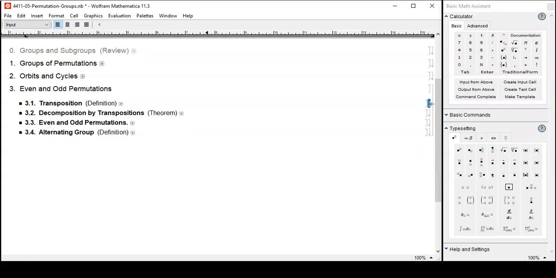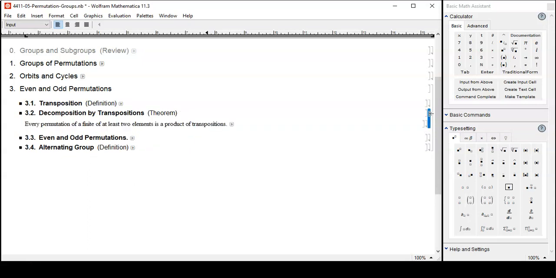Alright, I guess we are ready for the next theorem, decomposition by transpositions. Every permutation of a finite set of at least 2 elements is a product of transpositions.